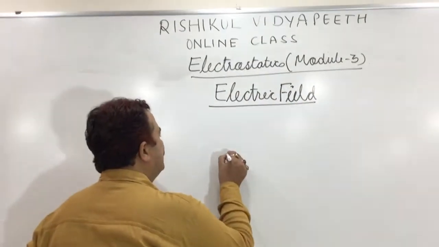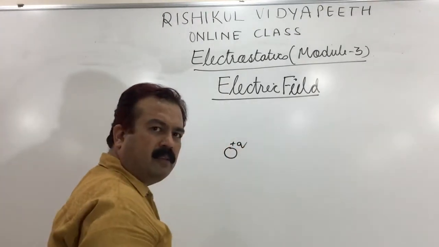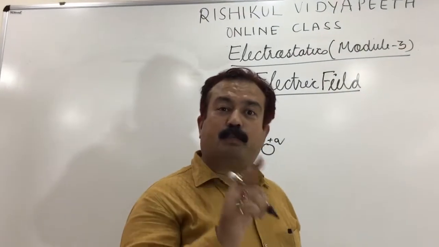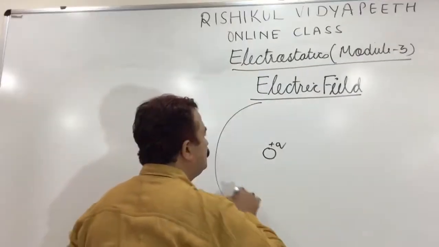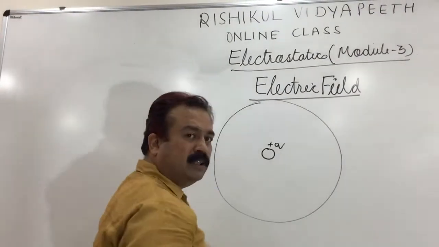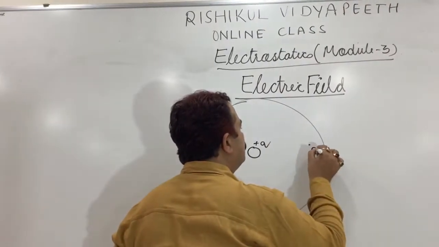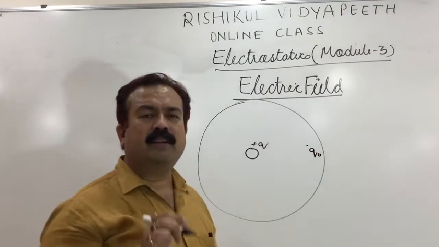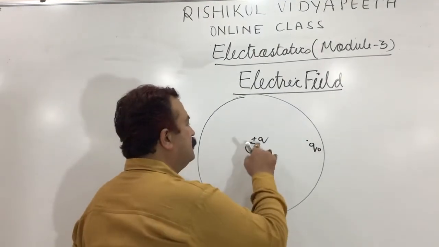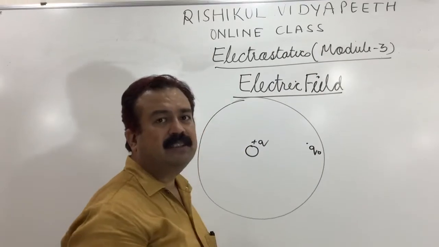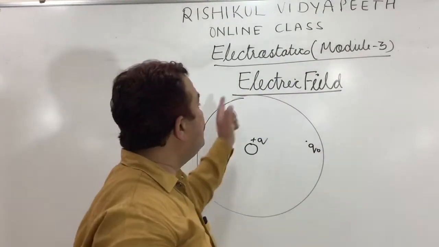If we are having a test source charge plus q, then the free space around this point charge in which any other test charge experiences the force of interaction exerted by the source charge, that free space is called as electric field.